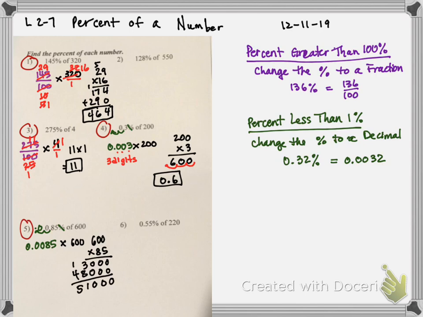Now we go back, and we count how many digits came after the decimal point, and I see 4 digits. So my answer will also get 4 digits, and my final answer works out to be 5 1/10. Don't include any extra zeros at the end of your numbers.